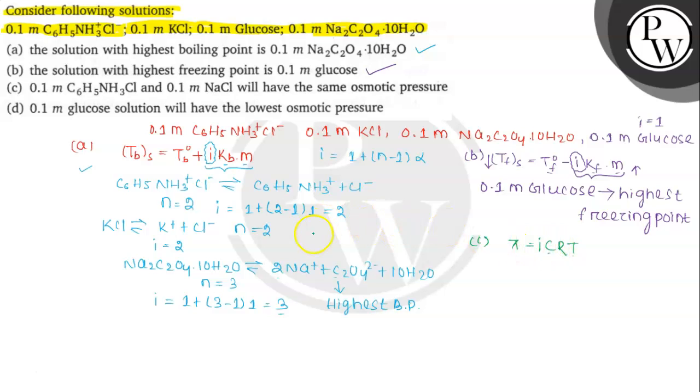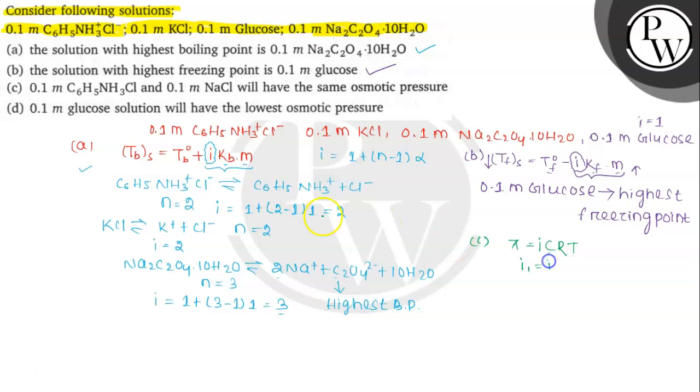So we find the value of i in both cases, in the case of C6H5NH3Cl and in the case of NaCl. In both cases the i value remains the same.